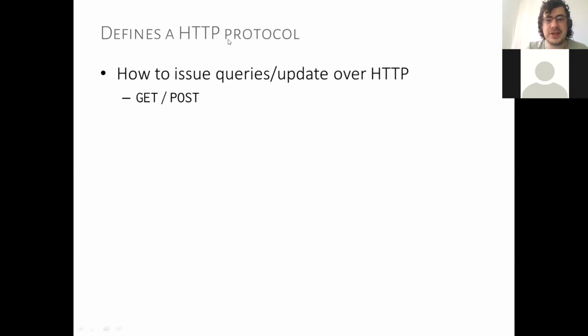So essentially, we saw how we could query Wikidata on the web, and we can do this programmatically as well. And in order to enable that, to avoid every different website defining different protocols or different parameter names like query or q equals or question or whatever, it standardizes how to issue queries and updates over HTTP, given the base URL of the endpoint, how you can specify queries.